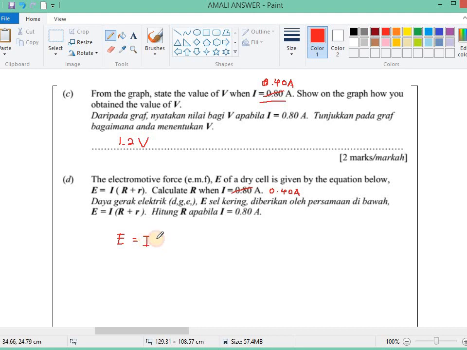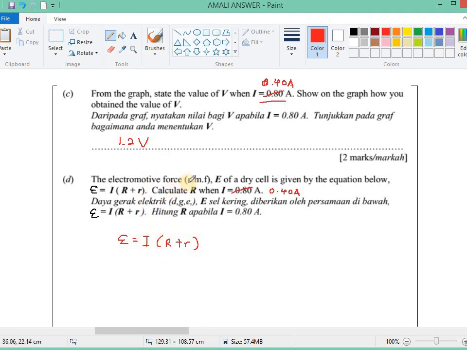E equals to I, R plus R. This E is actually the EMF. It should be the symbol for EMF. Okay, EMF equals to I, R plus R.